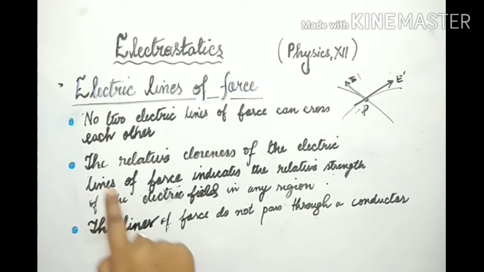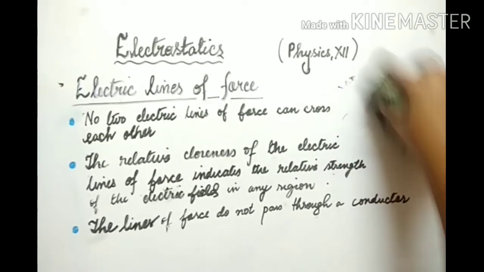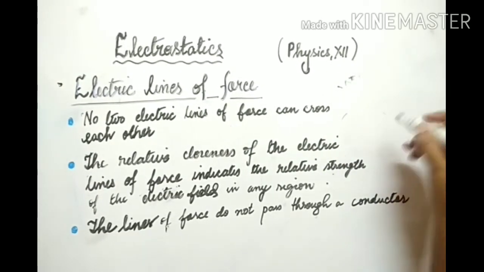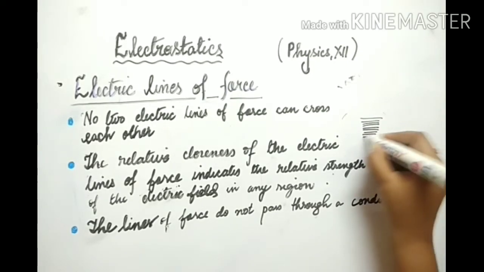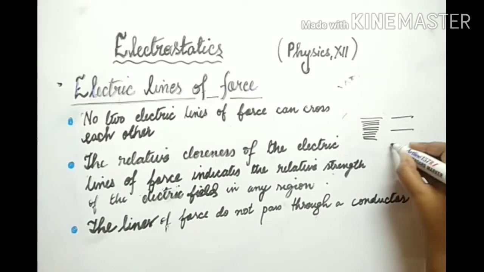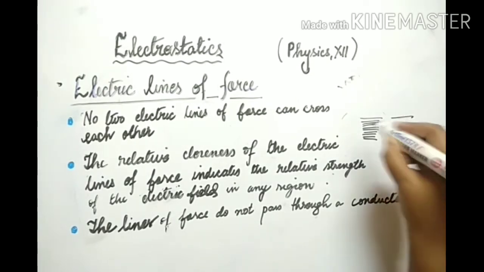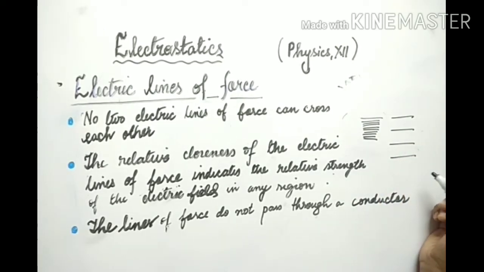The next point says the relative closeness of the electric lines of force indicates the relative strength of the electric field in any region. What does it mean? Suppose in a region the electric lines of force are very close, and in another region the lines of force are very far apart.